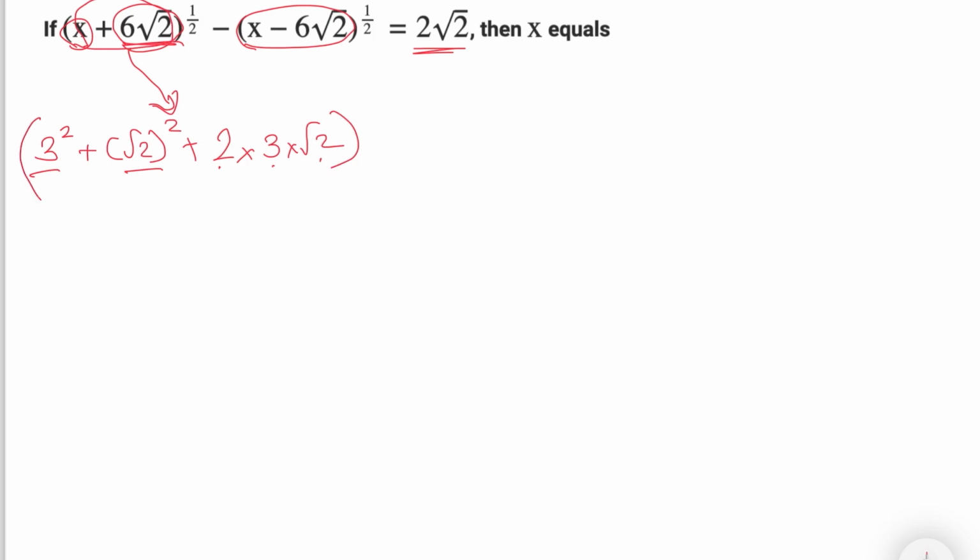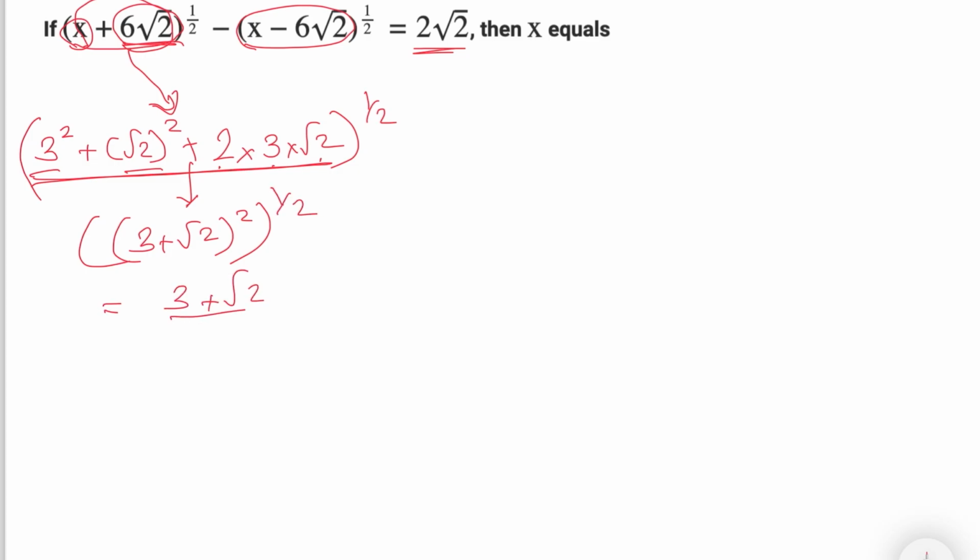And we're taking the square root of this. Naturally, this is (a + b) the whole square, right, guys? So (3 + √2) the whole square. The next step is you're taking the square root. Ultimately, you will get 3 + √2, isn't it? And similarly, in this second term, when you solve this, ultimately you will get this as 3 − √2.